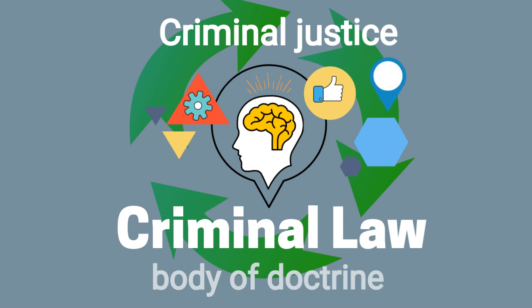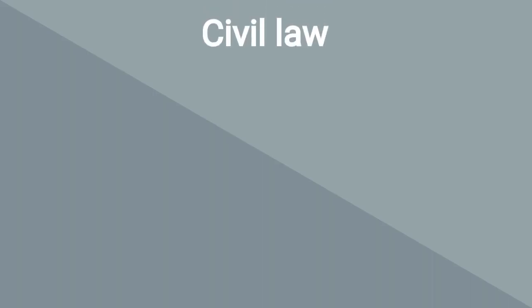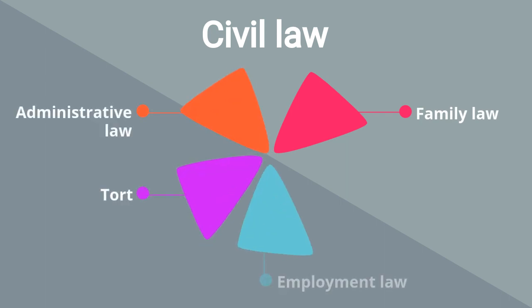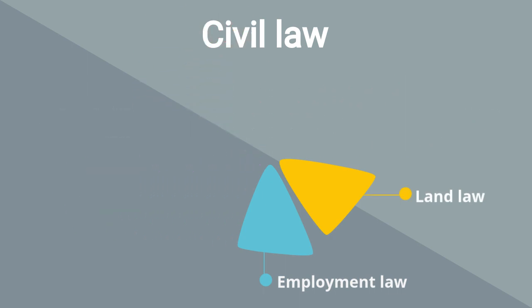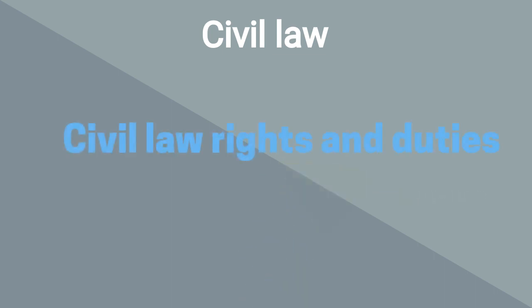Civil law, however, is much more diverse because it contains family law, administrative law, employment law, tort, land law, and so on. In fact, the majority of your study as a legal student concerns civil law rights and duties.